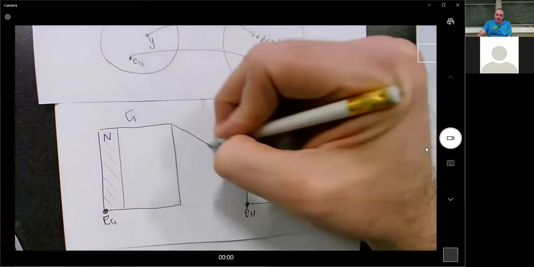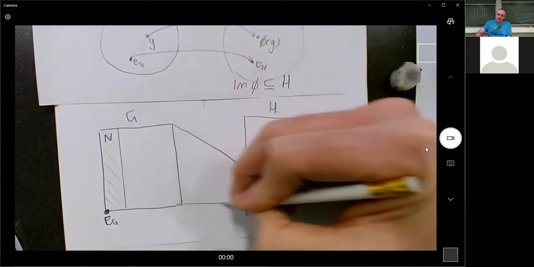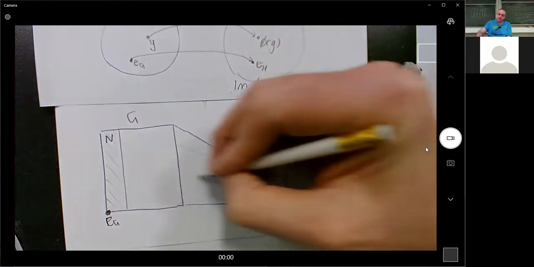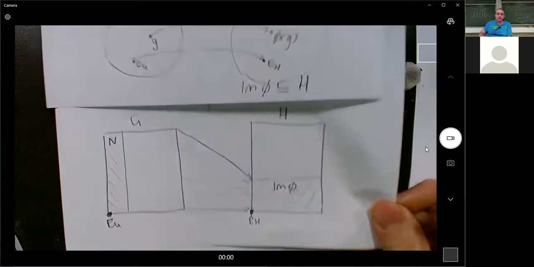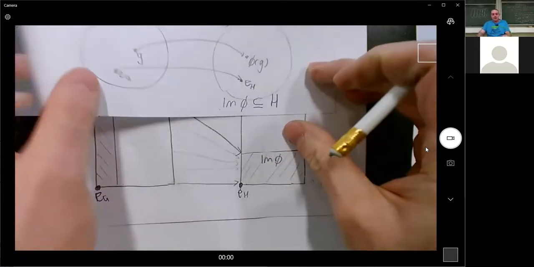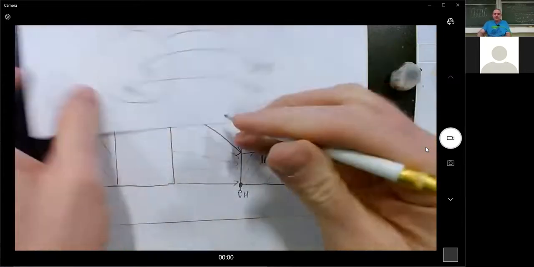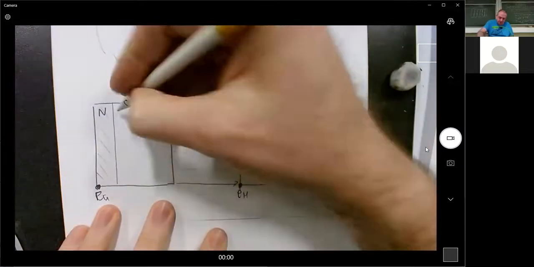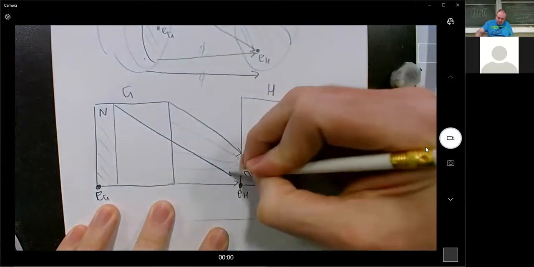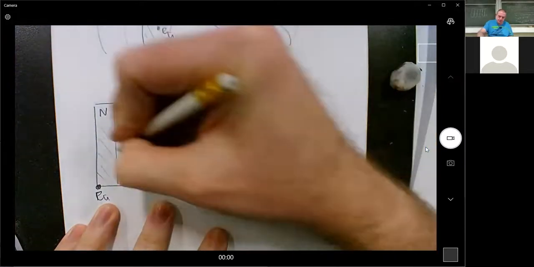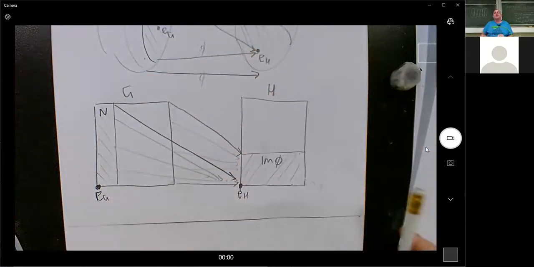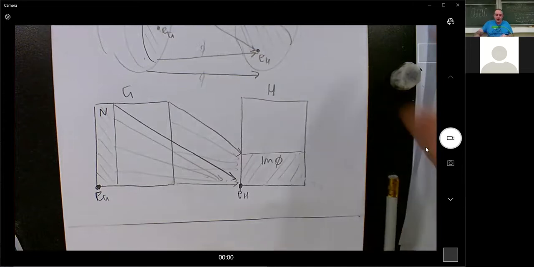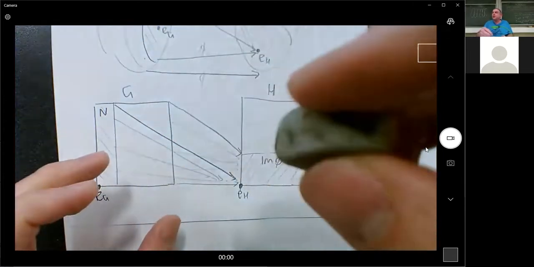So the entire of G gets squashed into here. Okay. And the entire of N gets squashed into here. Yeah, so cool.